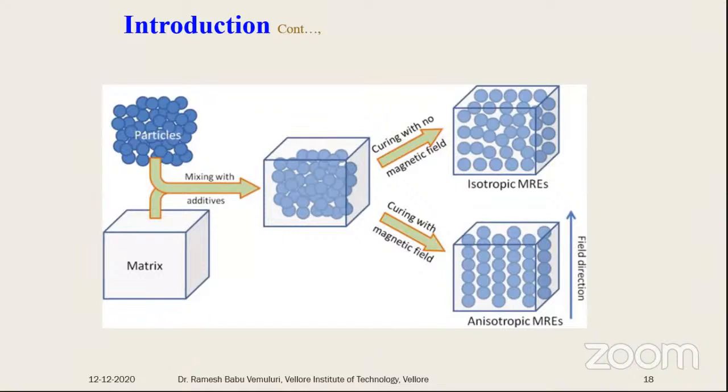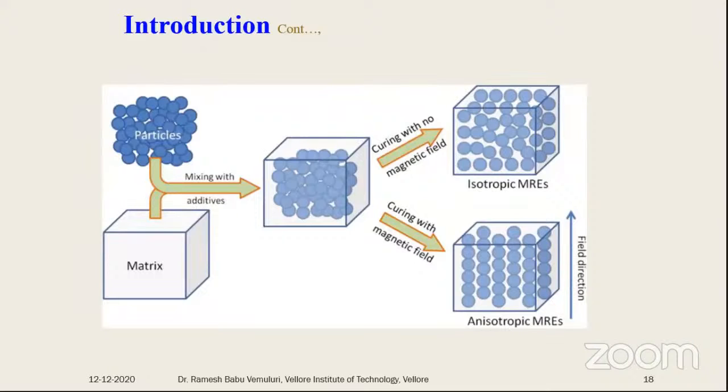Then one more thing is that for a larger area, providing the magnetic field is also a challenging task. So due to these two challenges, the anisotropic MREs do not have many applications or much fabrication.